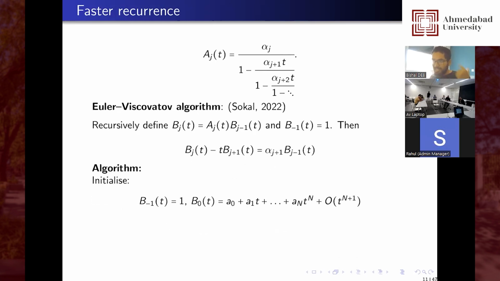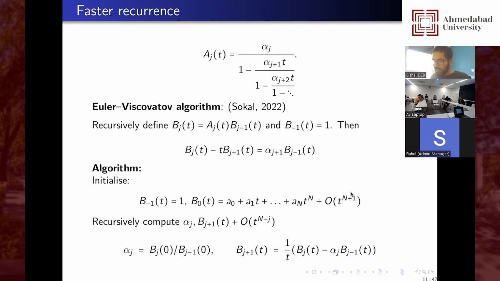And so this is the algorithm. Initialize b_{-1} to be 1. You are given the first n terms. Initialize b_0 to be this power series and then put a big O after that. And then recursively compute alpha_j and b_{j+1} from this formula.